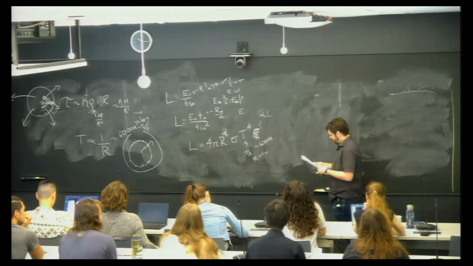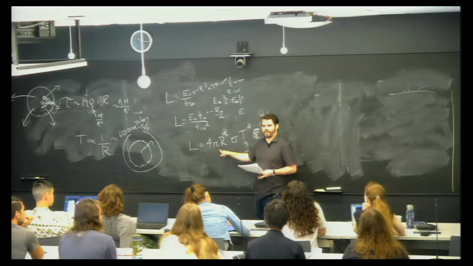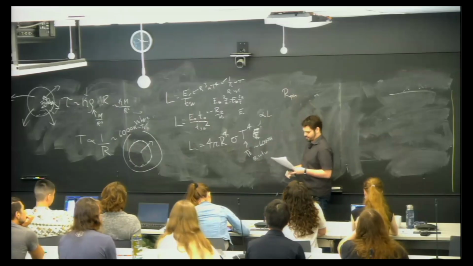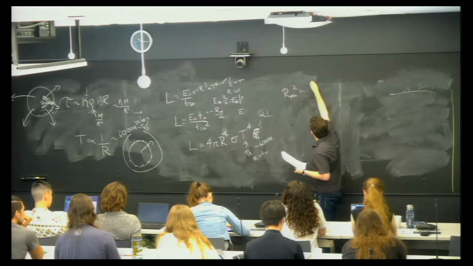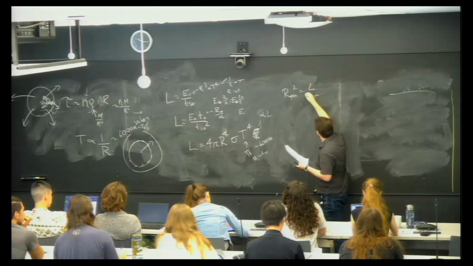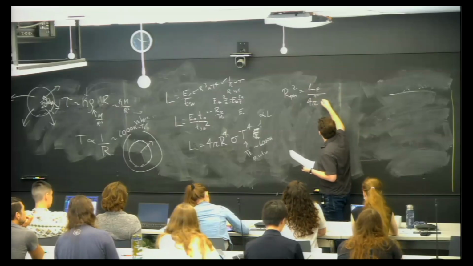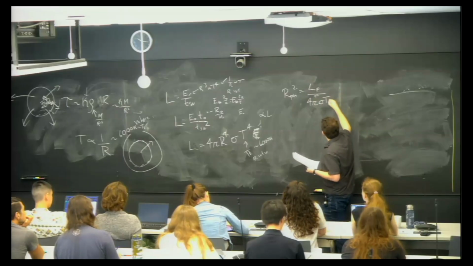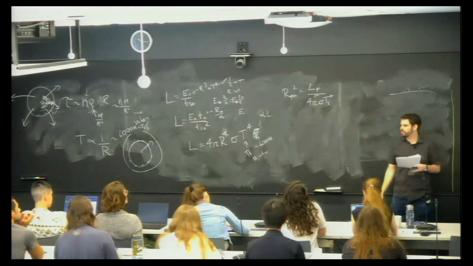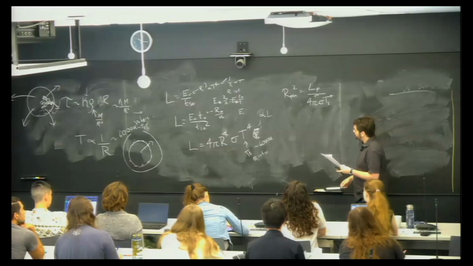So I'm going to define the photosphere radius with this blackbody equation. If L is 4 pi r squared sigma T to the fourth, R goes like L plateau over 4 pi sigma T to the fourth, where this T is the ionization temperature of hydrogen, or the recombination temperature, roughly 6,000 Kelvin.